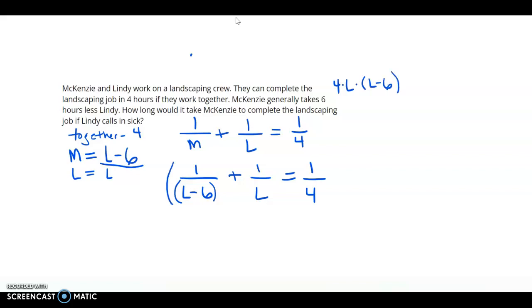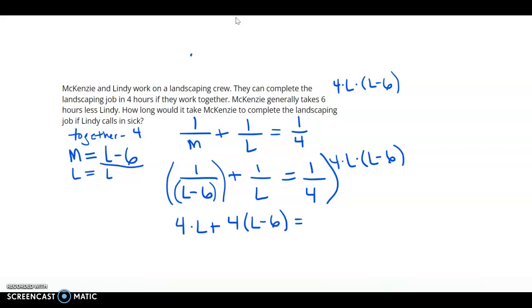So basically when we multiply these, I always think we're just going to be left with whatever they don't have. I'm just going to write the LCD once, 4 times L times L minus 6. The first one doesn't have 4 and L, so it will just have 1 times 4 times L. The second one doesn't have 4 and L minus 6, so I'm going to write 4 times L minus 6.